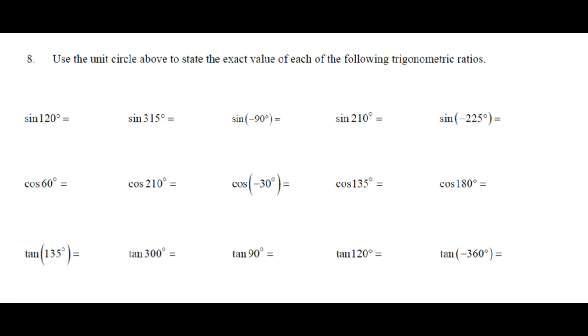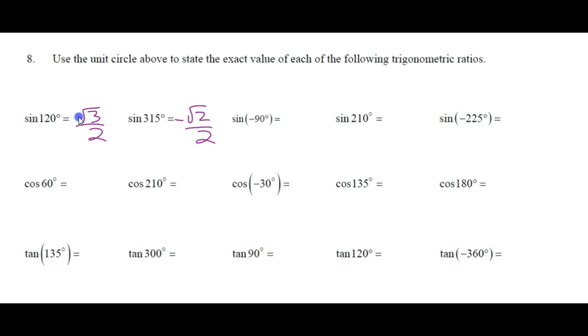All right, what's the sine of 120 degrees? Root 3 over 2. What's the sine of 315 degrees? What's the sine of negative 90? Oh, where's negative 90? 270, right? So if you have a negative angle, you can just convert it to the principal angle. Remember, the principal angle is the smallest positive angle between 0 and 360.